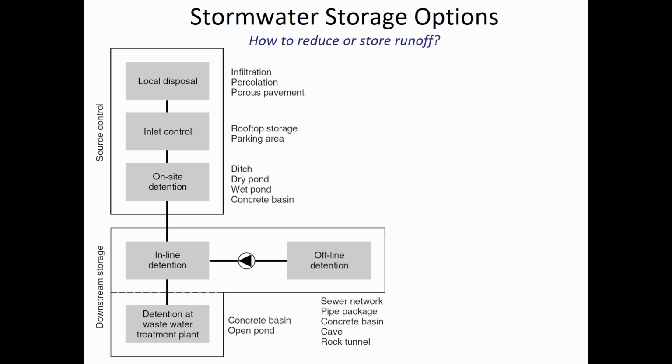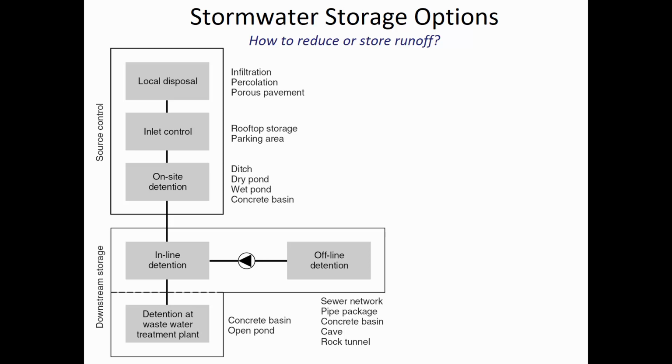So this is a nice figure from your text that summarizes, broadly speaking, the two main categories of preventing excess rainwater from reaching an outlet. Source control is where you're trying to, upstream of a fair amount of concentration, deal with the water close to the origin that the raindrop hit the ground.